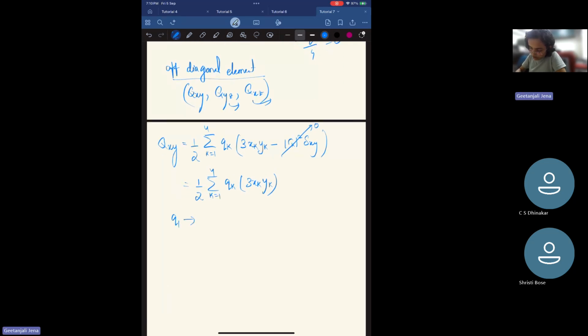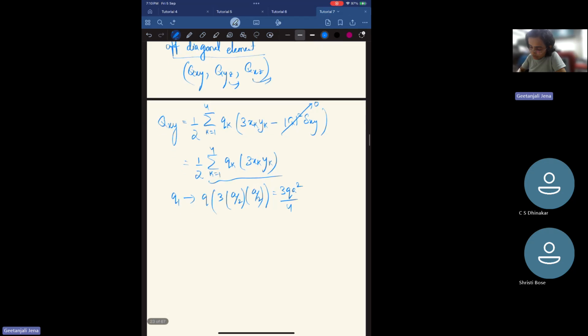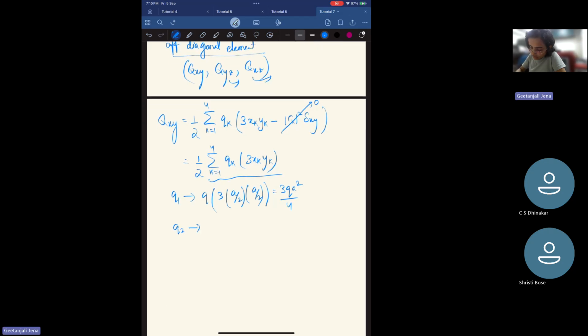So for Q1, this summation part will give Q times a by 2, a by 2. So this is 3 Q a squared by 4. Q2 will give minus Q by 2 times 3, xk is I think minus a by 2, yk is a by 2. So this is 3 Q a squared by 8.